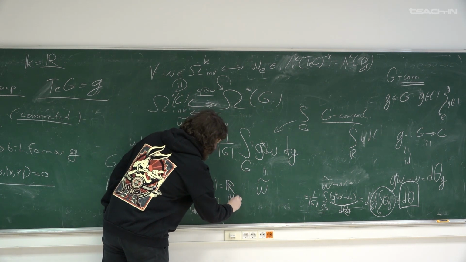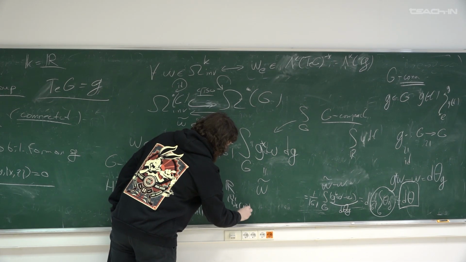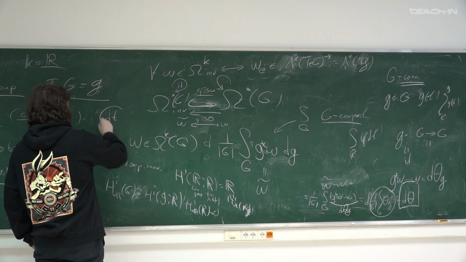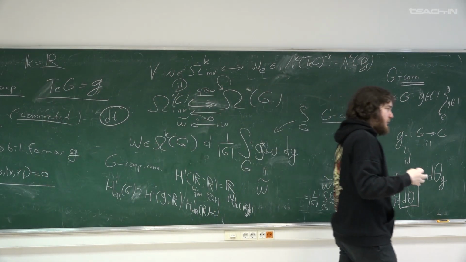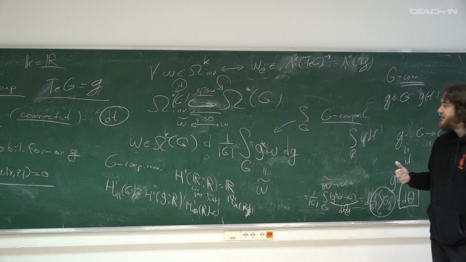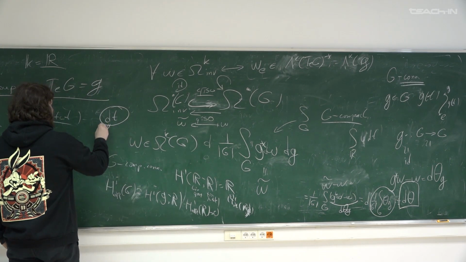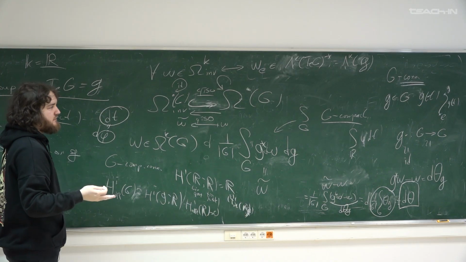This is the invariant cohomology again of R, and it's not 0 because, for example, dt is an invariant one-form on R, but of course it's the differential of something in the whole de Rham complex. It's not the differential of any invariant function, because invariant functions are just constant functions.